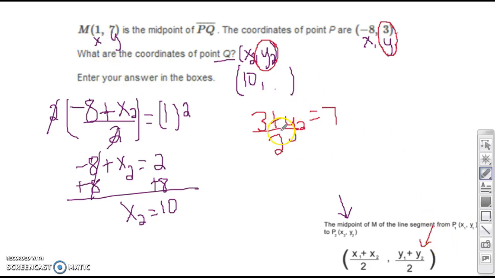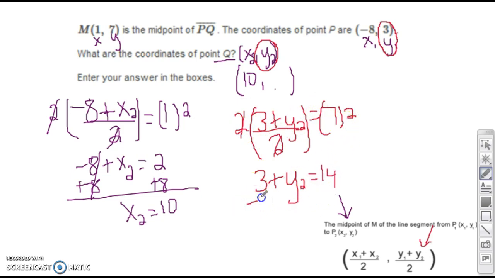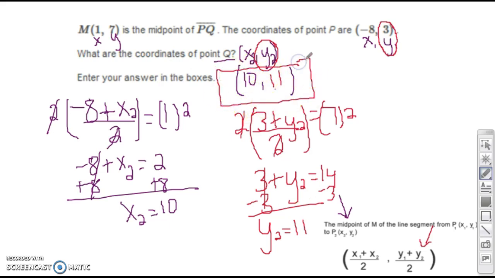And then I'm going to solve the equation. I want to get rid of that divided by 2, so I'm going to multiply both sides by 2. So that leaves me with 3 plus y2 equals 14. And then to solve for that y2, I would subtract 3 from each side. So my endpoint Q would be located at 10, 11.